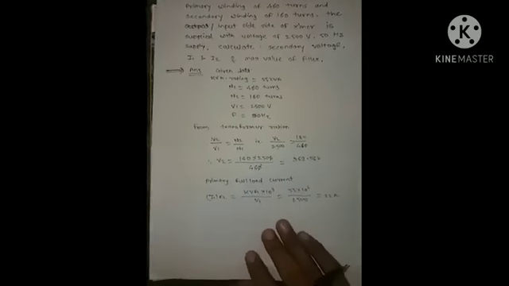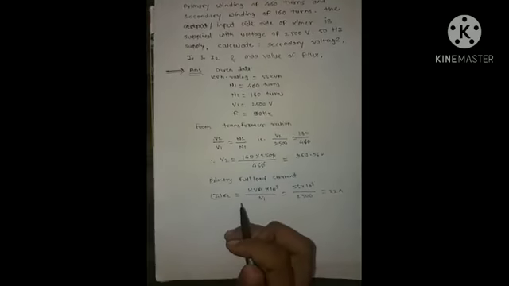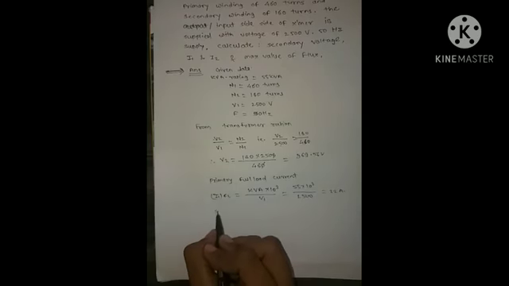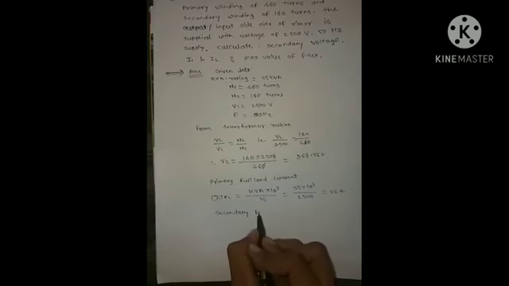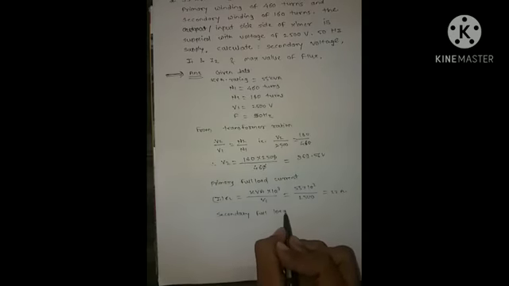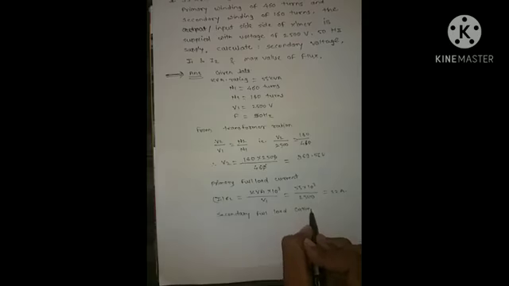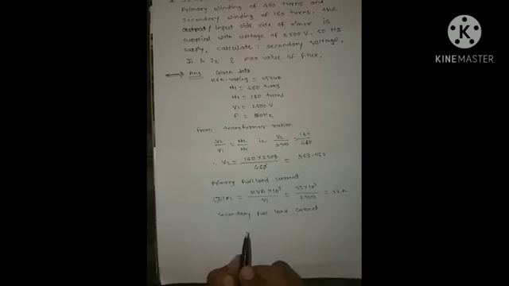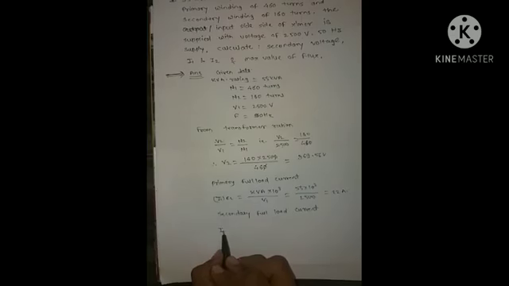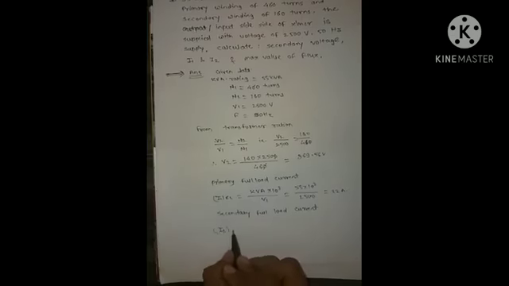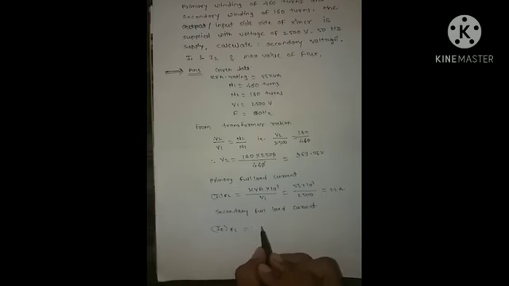So now we calculate the secondary full load current. To calculate the secondary full load current, we have to use the same formula. Instead of I1, we have to write here I2, and instead of V1, we can write here V2.